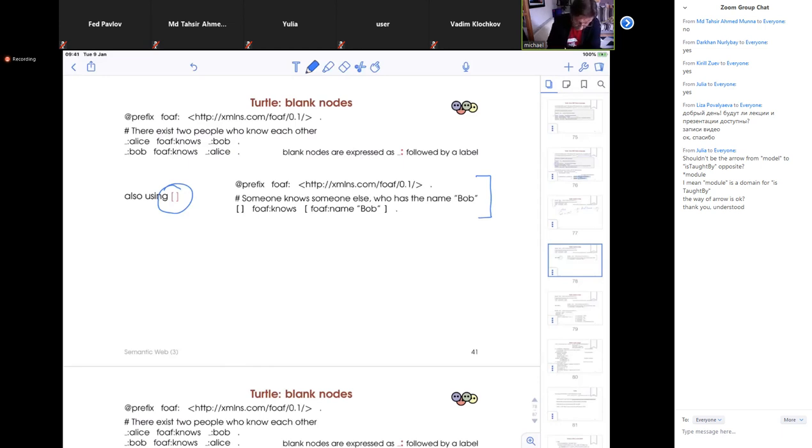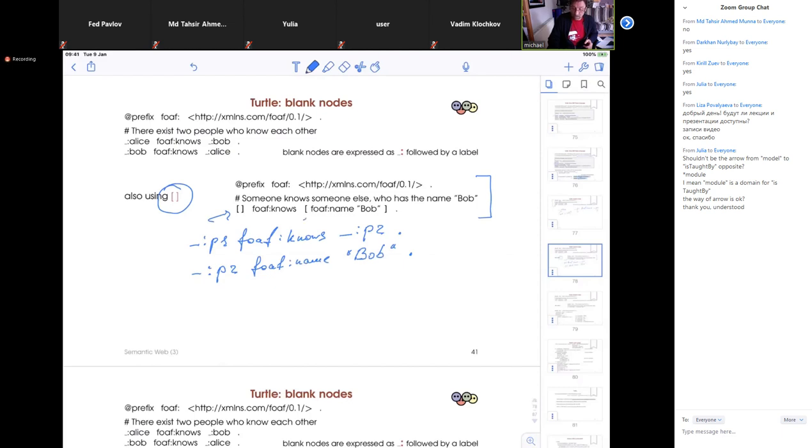If I use the underscores, I would write P1 foaf:knows somebody else, P2, full stop, and this P2 foaf:name Bob. So these two documents are equivalent, but you see that using square brackets, it's shorter.